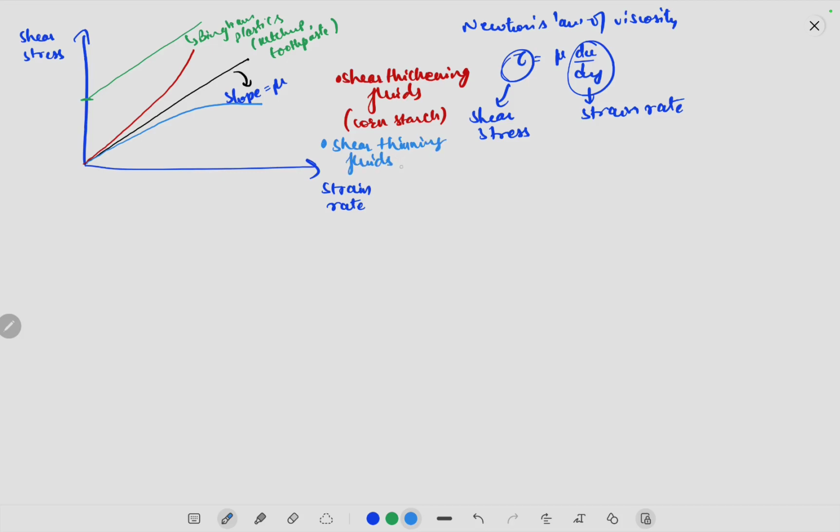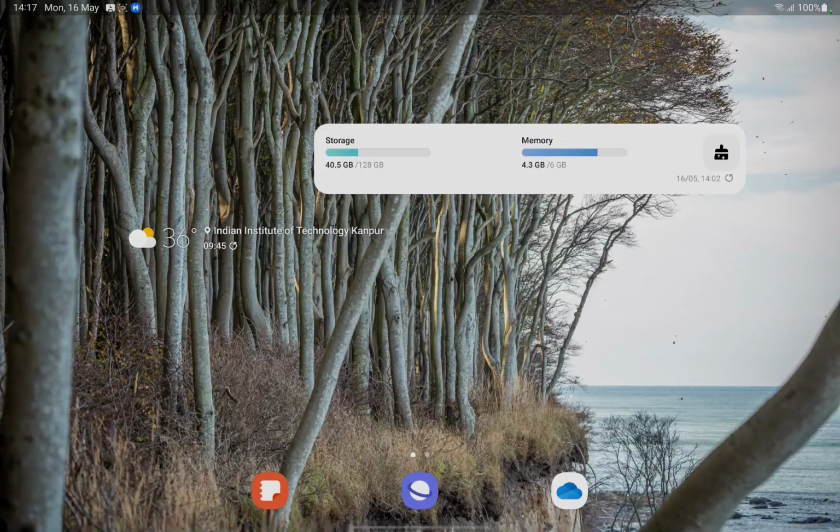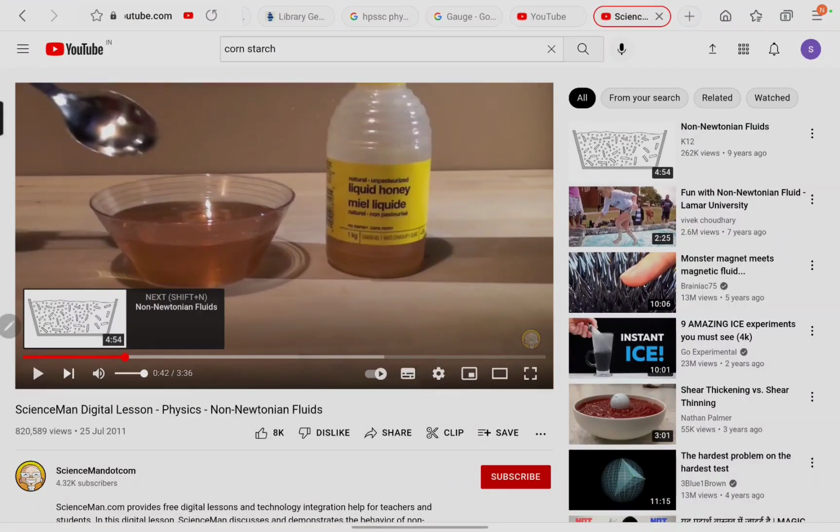The example is the paints that you use in your home. To observe how these viscosities change with strain rate, let's just watch this very nice video demonstrating how the viscosity changes as you change the strain rate.